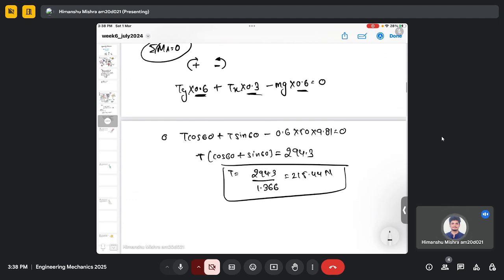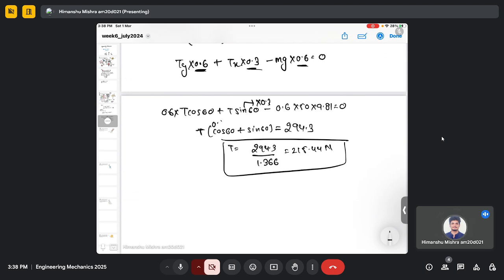So this is multiplied by 0.6, and this is multiplied by 0.3. When you solve, you will get 0.559.